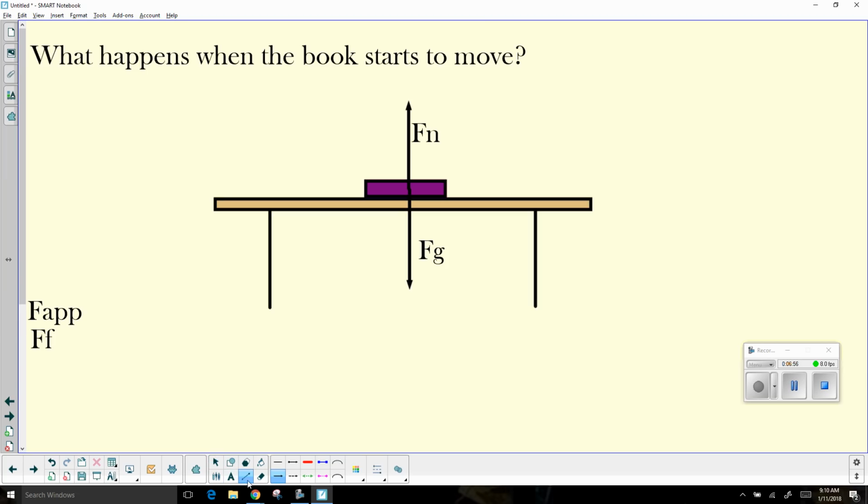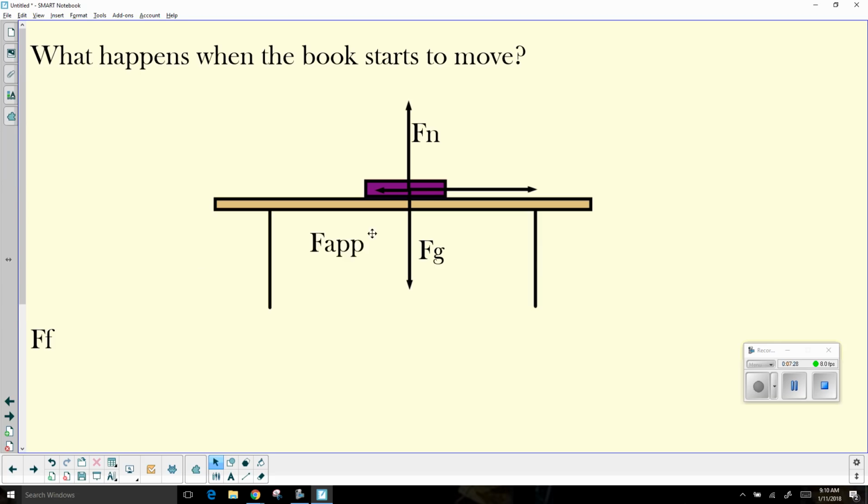This time, however, I have enough applied force to counteract the frictional force applied by the table. If you want to see a great example of frictional force, take your hand right now and rub it across the table. Feel which direction the table is moving. That feeling of the table moving opposite of your hand moving is a great example of the frictional force that's being applied to that book.